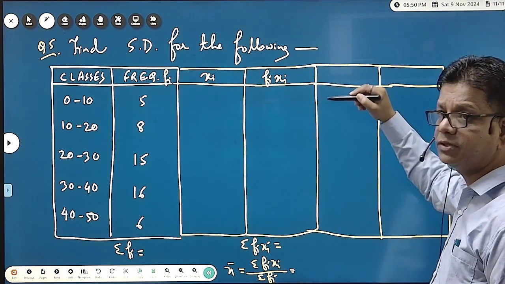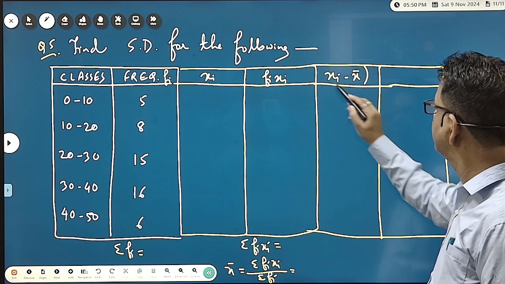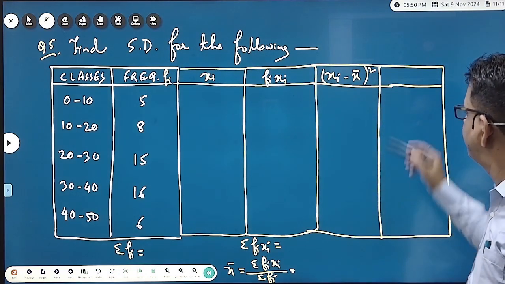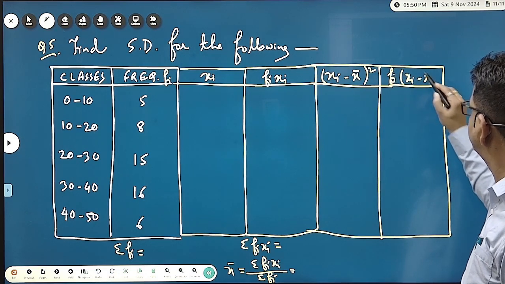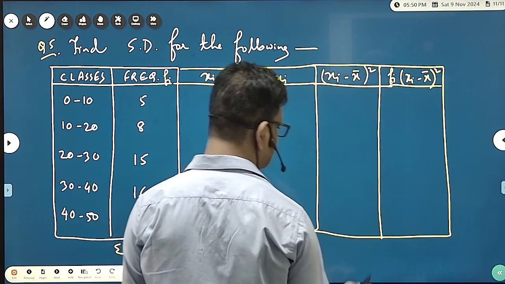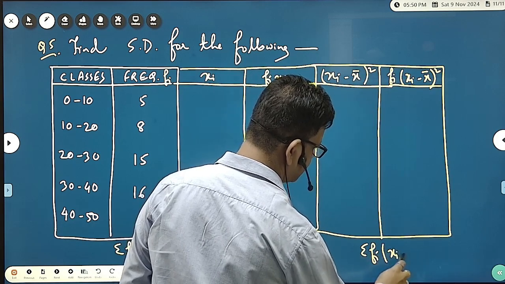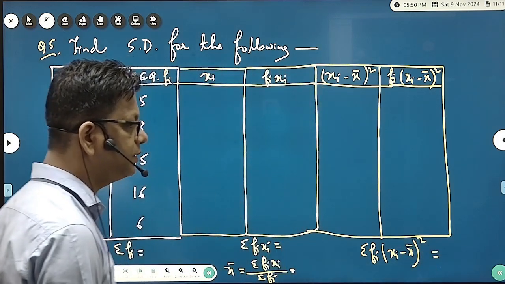Now no modulus, now square: Xi minus X bar whole square. What next? Fi just needs to be multiplied: Fi times Xi minus X bar whole square. And then this last column is to be added: summation of Fi times Xi minus X bar whole square. Please add this and try to get the answer.